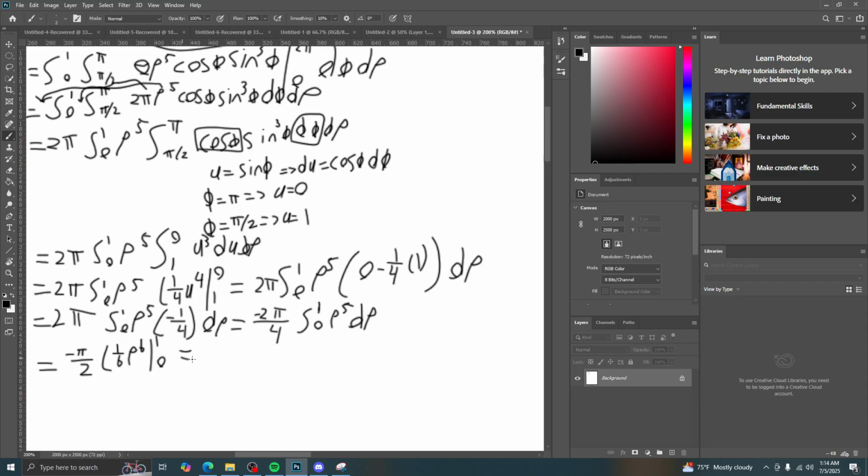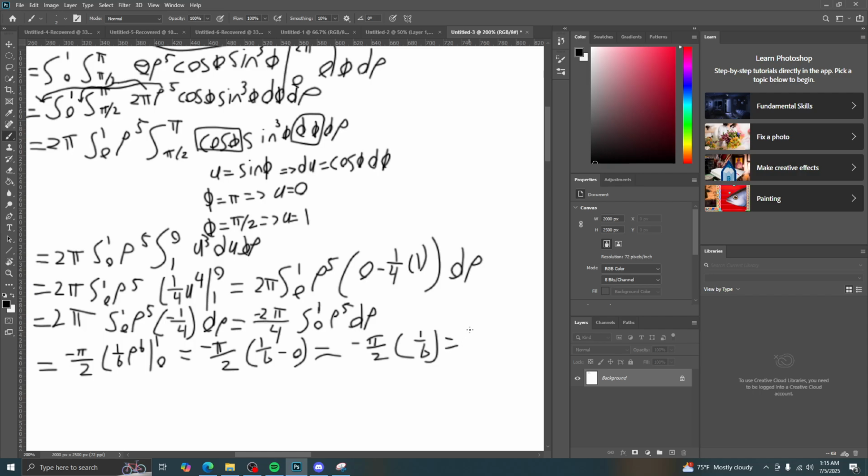So plug in 1. You get 1/6 because 1 to the 6th is 1. And 1/6 times 1 is 1/6. So negative pi over 2 times, and then we got 1/6 minus 0. That's going to be negative pi over 2 times 1/6.